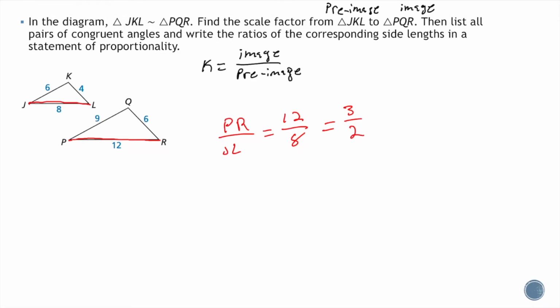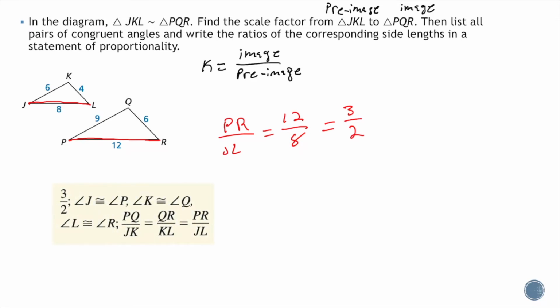You would do this for all three sides, and you would notice that you do get a scale factor of 3/2, which also means that my corresponding angles are congruent, and therefore I have a proportionality statement as this.